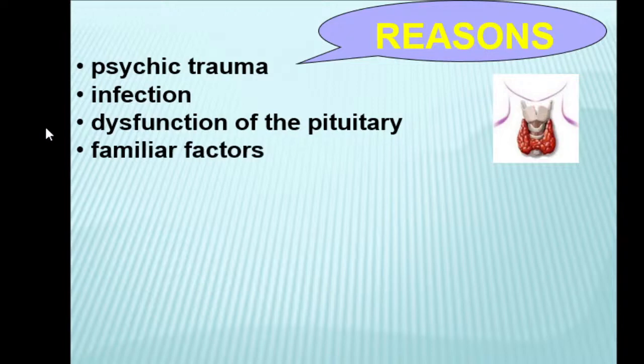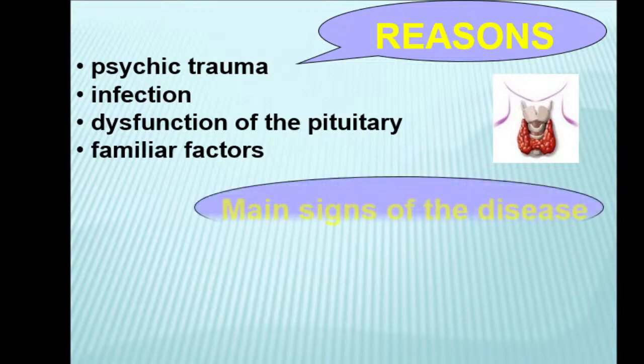It may be due to central genesis dysfunction of the pituitary, because the activity of the thyroid gland is controlled by the pituitary thyroid-stimulating hormone, and as always we remember about genetic family factors.